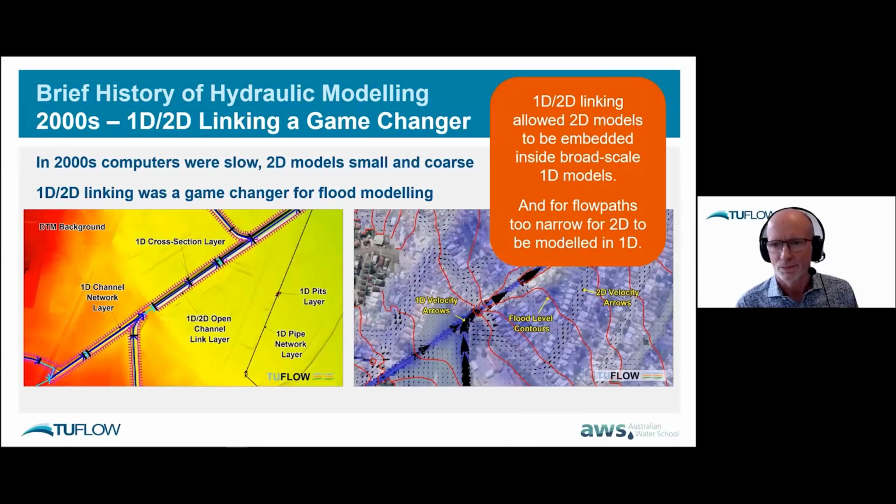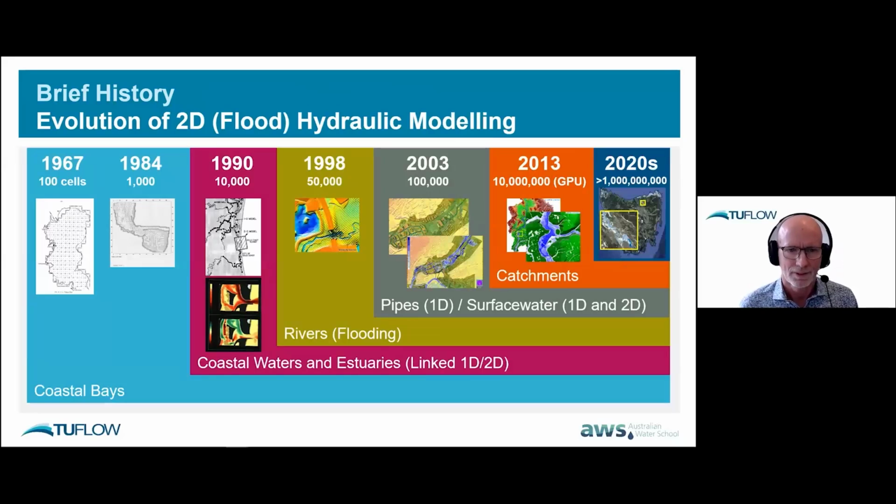So the key learnings were that 1D 2D linking allowed us to really move forward by embedding 2D models inside broad-scale models and to represent those narrow flow paths, which were just too narrow to represent realistically or practically in 2D. So 2D went through this big change, dominance, and this is an overall slide that started way back there, and this is the number of cells.